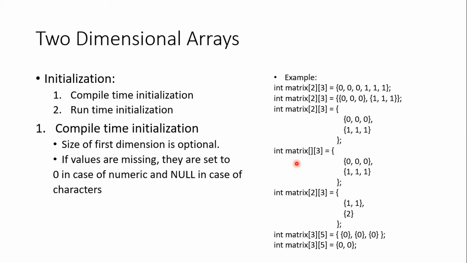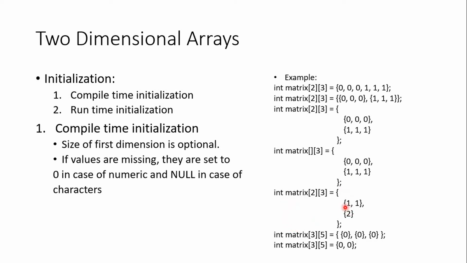It is not always required to specify the first dimension of a two-dimensional matrix. So you can skip the first dimension. It will be automatically taken as per the values given at compile time.